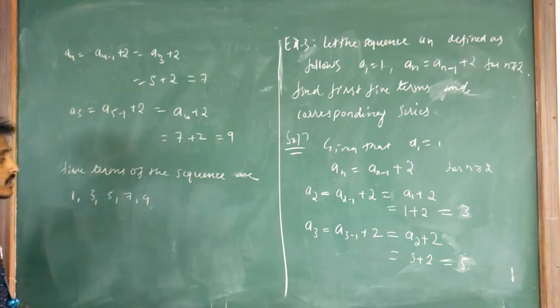These are the first 5 terms of the sequence: 1, 3, 5, 7, 9.